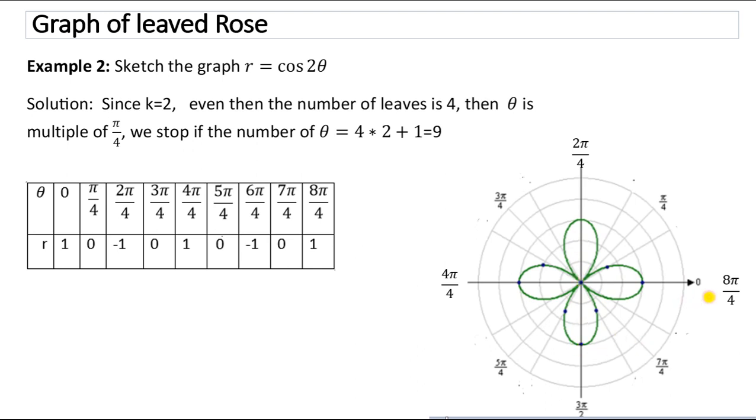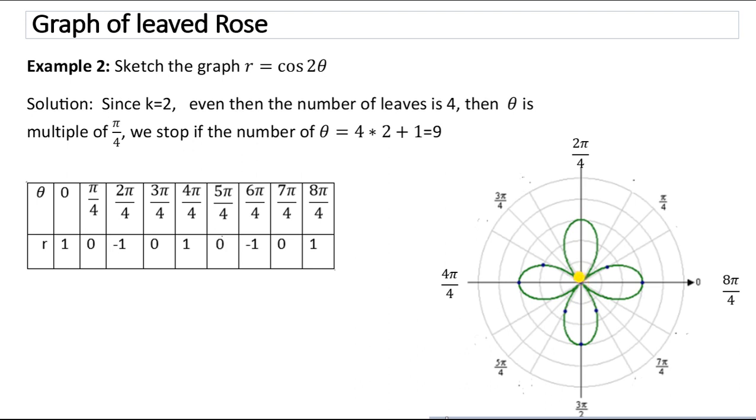If theta equals 0, I start from here. The distance is 1, this point. If theta equals pi over 4, 0. 2 pi over 4, minus 1, meaning the opposite direction, this point.